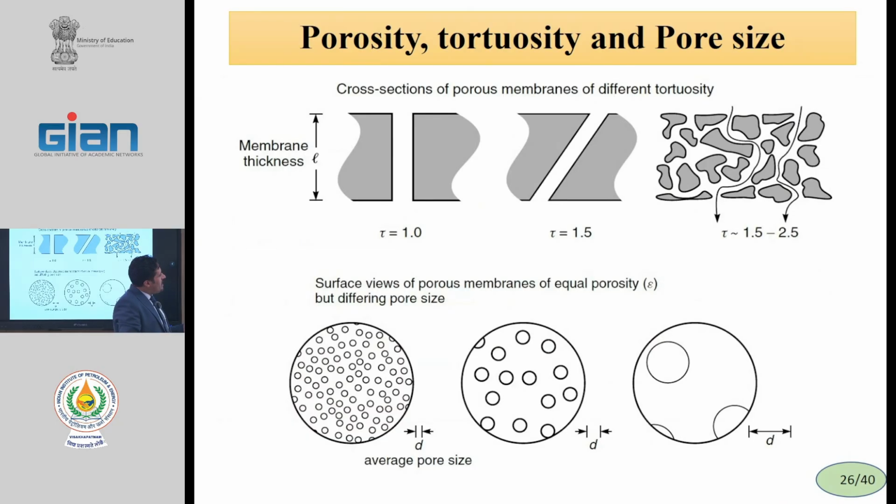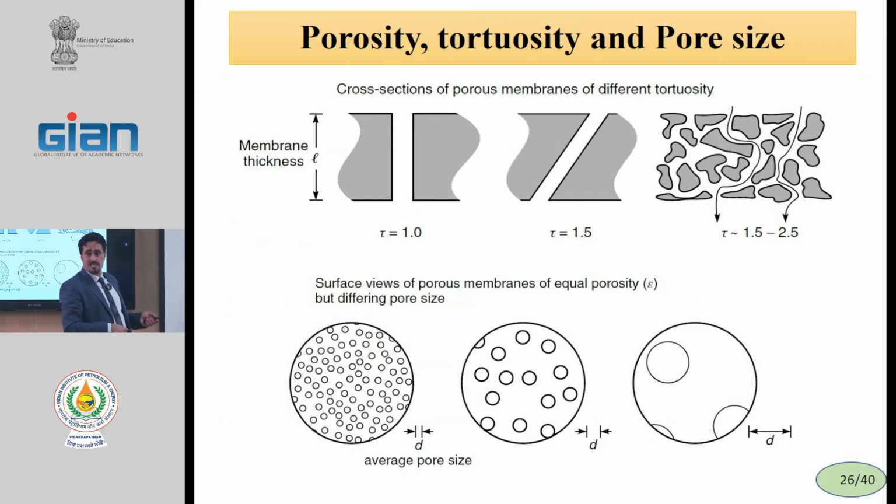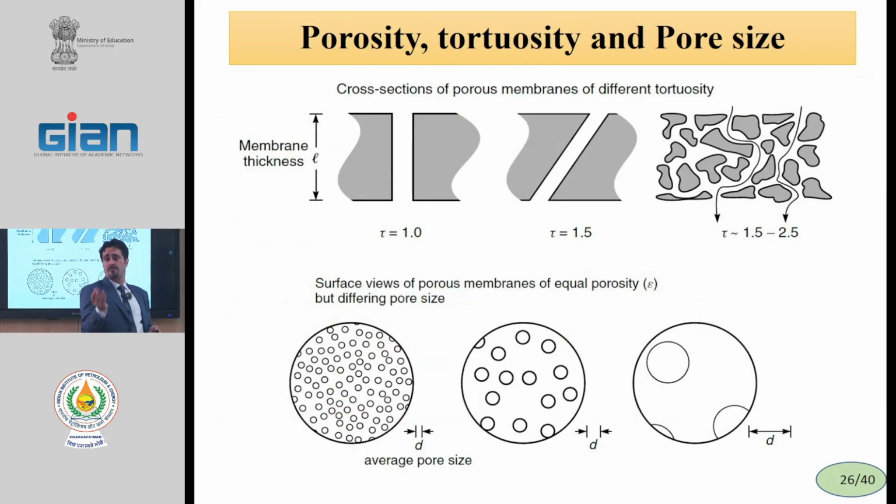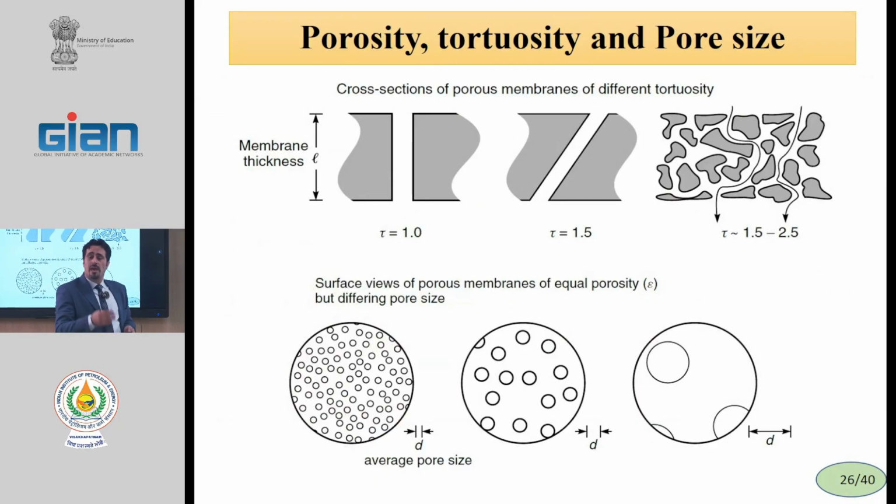Okay? But the 3 membranes have equal porosity. I want to say that surface porosity is different from pore size. Maybe pore size is big, but porosity is small. We cannot correlate the pore size to the porosity.